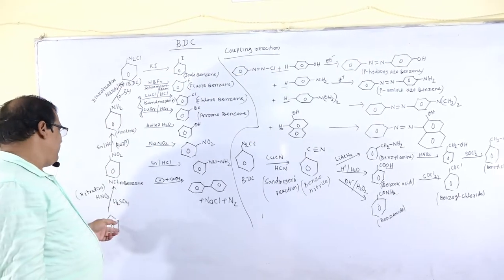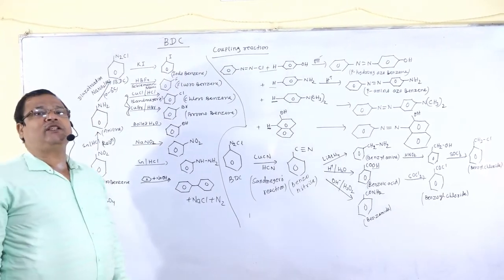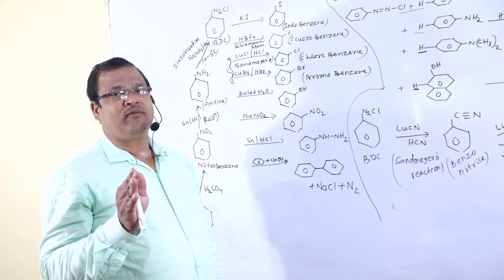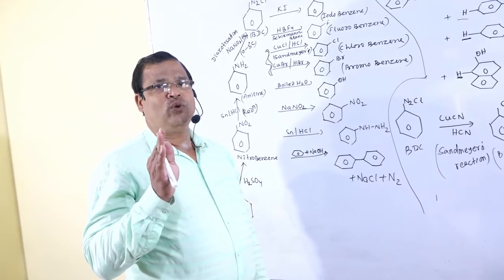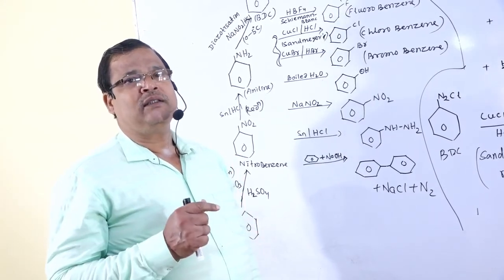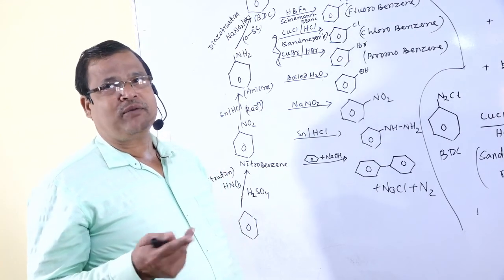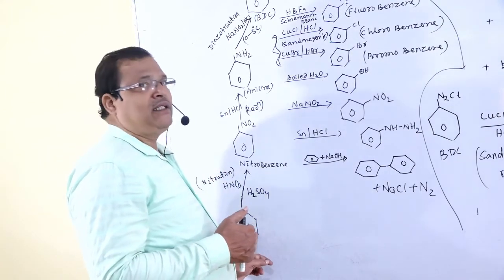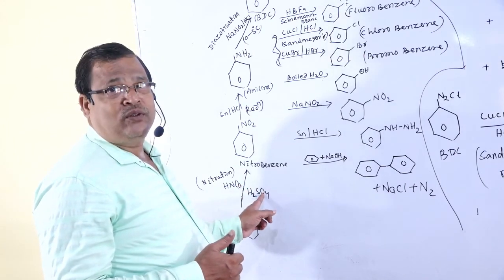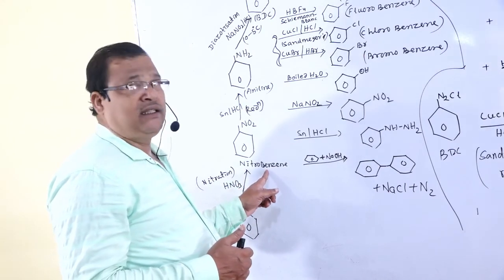How is p-aminoazobenzene produced? Para-aminoazobenzene is a yellow azo dye. We obtain it from benzene. Benzene, with HNO3 and H2SO4, gives nitrobenzene.